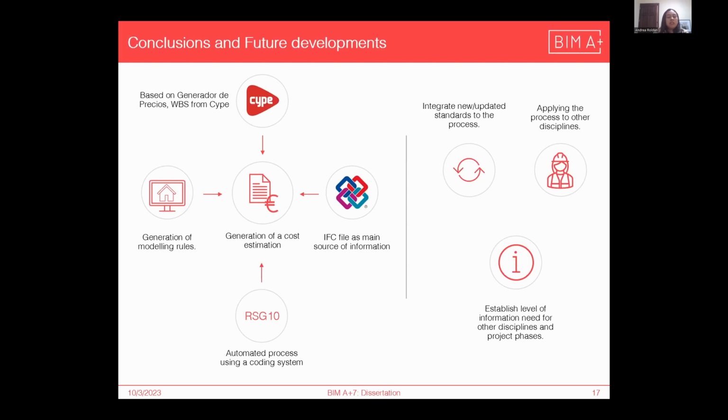And importantly, it's the generation of modeling rules for an architectural discipline in a construction phase. This opens a future development to introduce this process into other disciplines or other stages of the project, and also to integrate new or updated standards into the process.